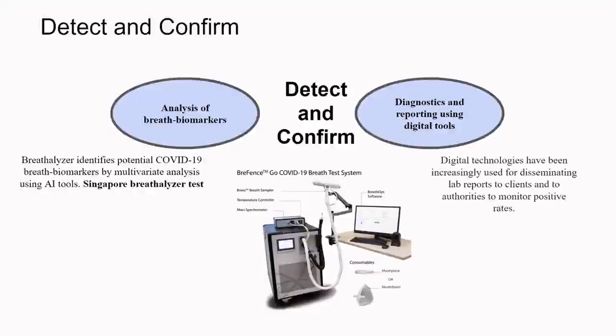In laboratory investigations and dissemination of the results, there are certain things that can be done by using digital technologies or digital health interventions. Also, there are some new approaches for disease identification, like the COVID-19 breath test system, which was initiated by a Singapore university, which identifies breath biomarkers by analyzing them using AI tools.